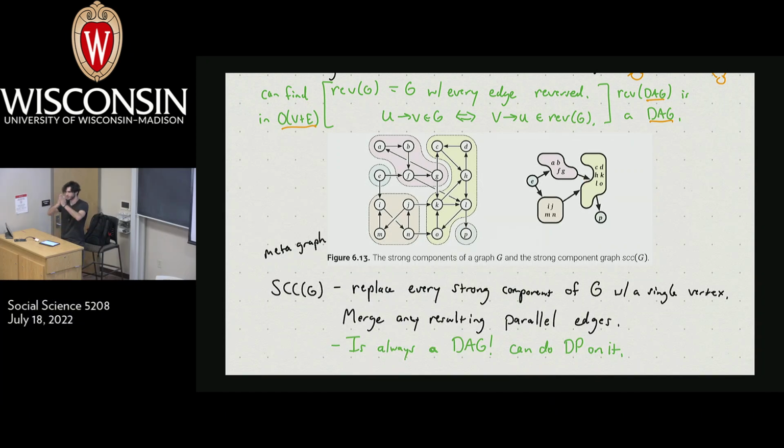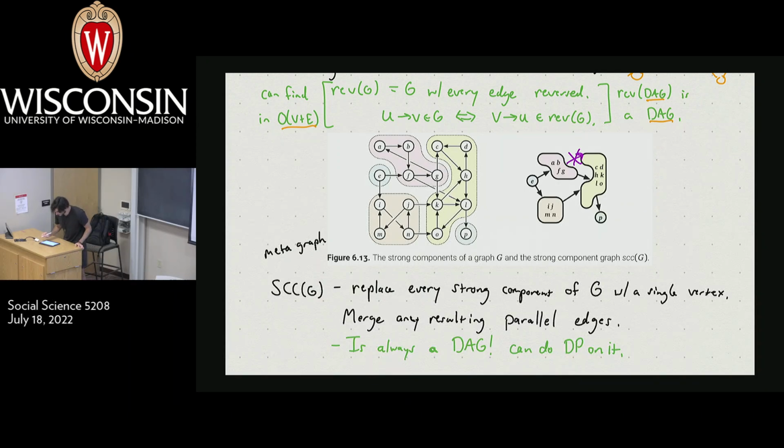We're just going to merge them into a single edge. Okay? So we replace every strong component of G with a single vertex, these giant blobs, and then we merge any parallel edges. Any parallel edges that would be created, like this, we just ignore it. We merge it into a single edge.